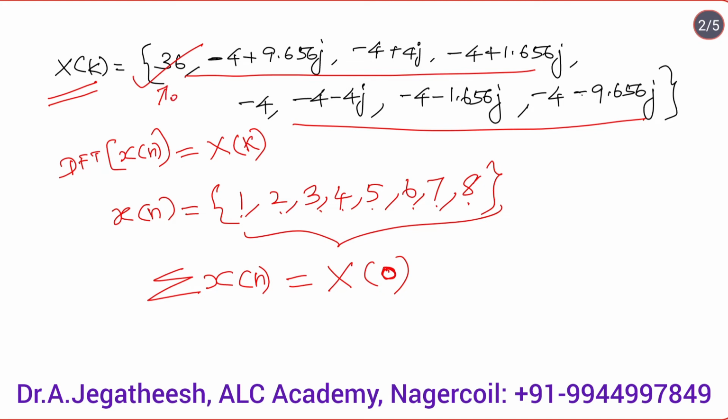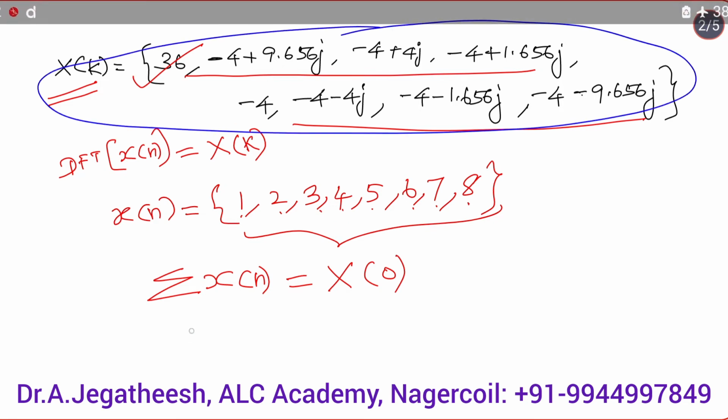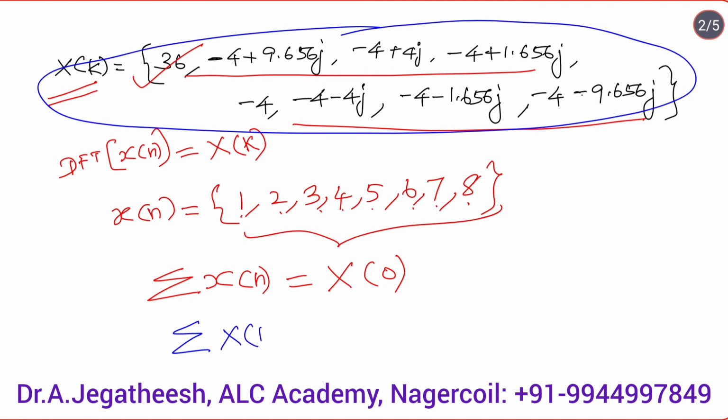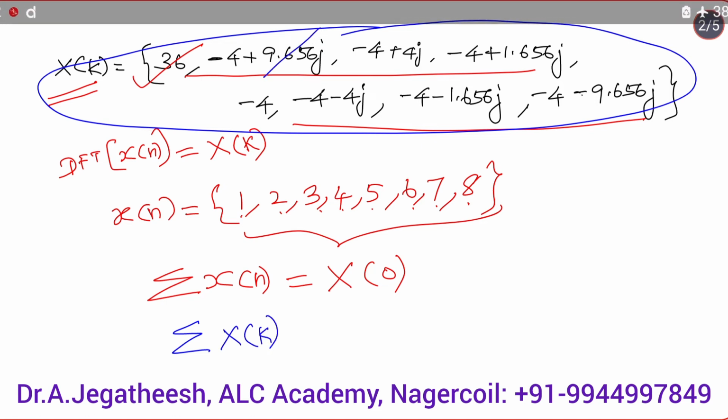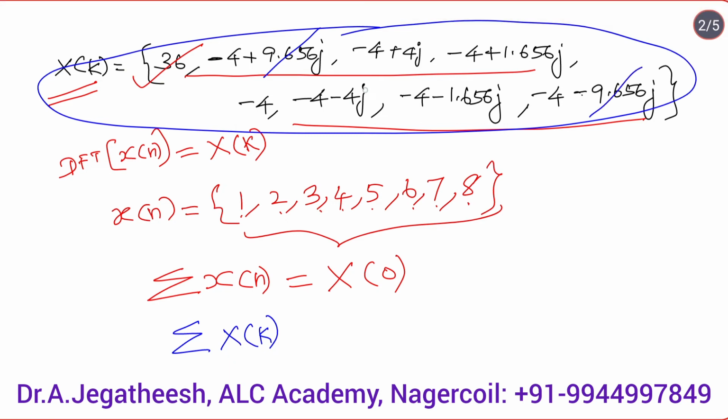If you add the given sequence, then you will get the first term of the result. Next, you add the X of k terms, that is the sum of X of k. This 9.656j and minus 9.656j get cancelled. Minus 4j plus j will be cancelled. Minus 1.656j plus 1.656j will be cancelled.